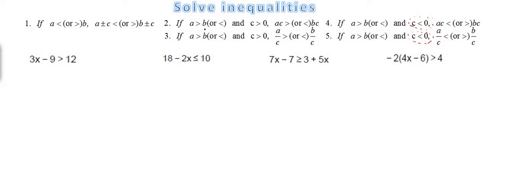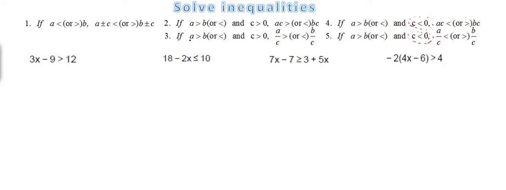Now let's take a look at rule number 2 and number 3. If A is greater than B and C is positive, then if we let both sides multiply by C, the sign of inequality will be the same.